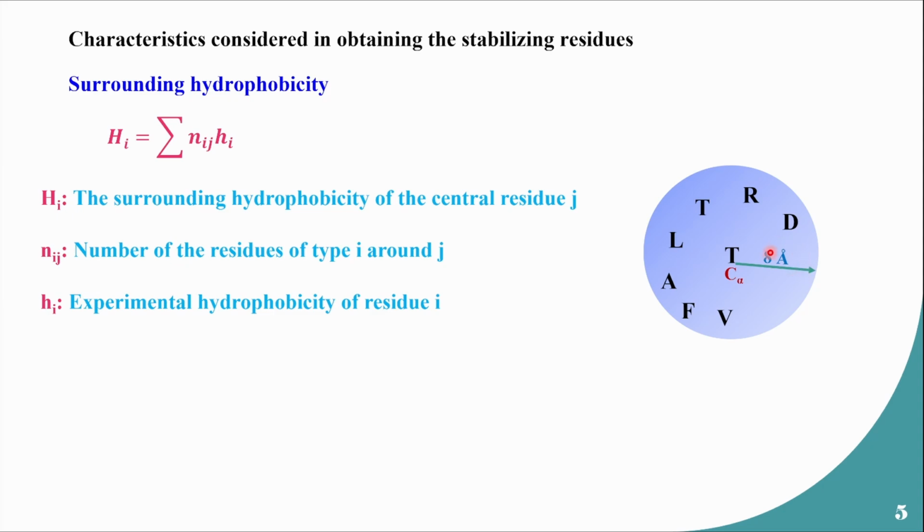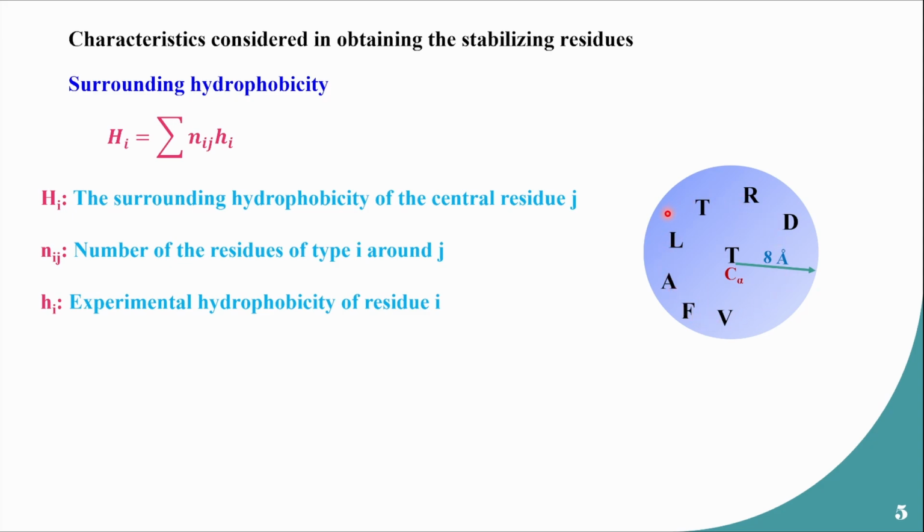In this particular case, it is taken as 8 angstrom, and it is for the C alpha atom of threonine, and then you have to imagine a sphere in this region, right? Whichever residues fall within that sphere, within that bubble, for this 8 angstrom cutoff radius, those residues will be considered as part of the calculation of the surrounding hydrophobicity.